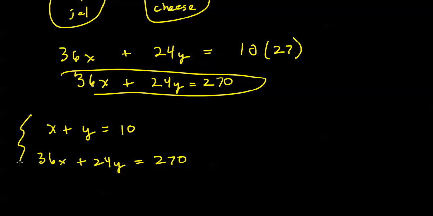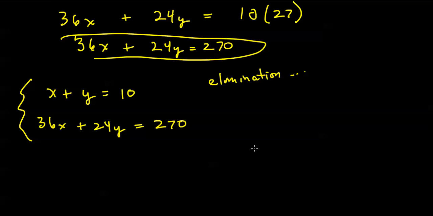There's the system I have to solve. Now, our author uses the elimination method. I suppose you could just as easily use the substitution method. I suppose it's up to the student which method you want to use. Sometimes there's an advantage to one method or the other. Here I don't think there's any glaring advantage to one over the other.